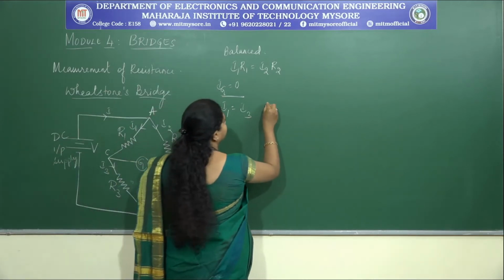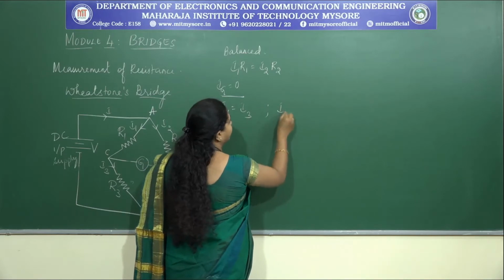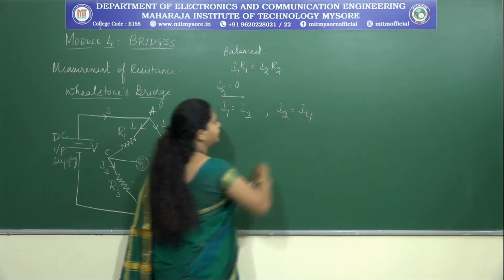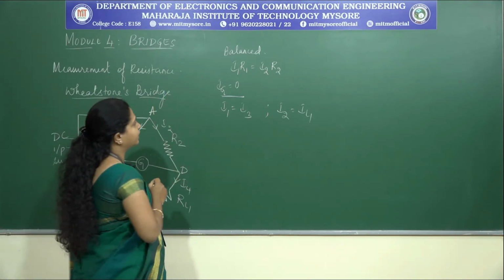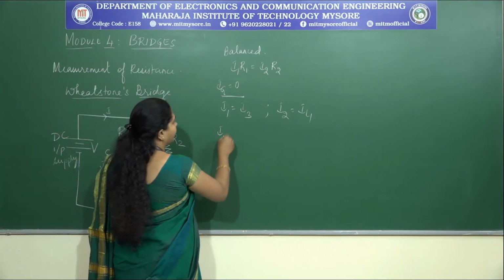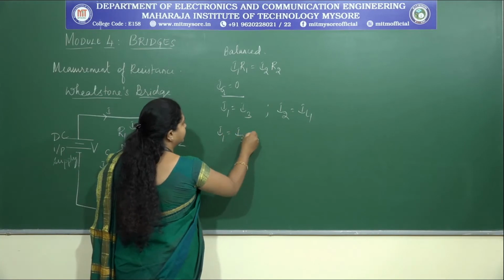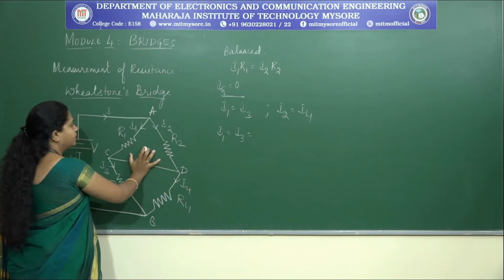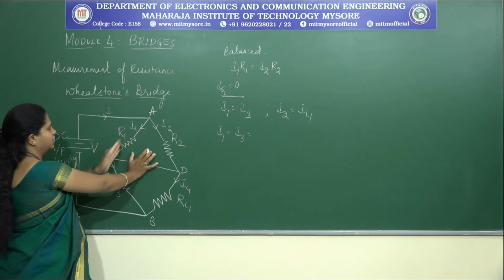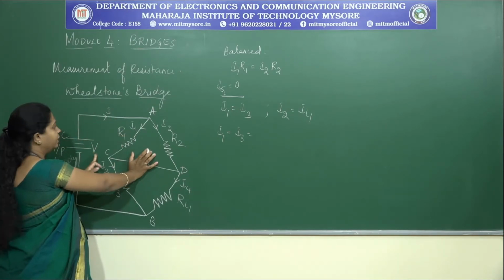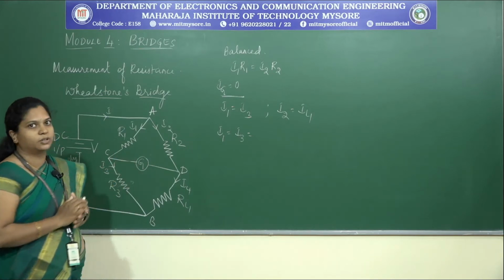Similarly, current I2 must be equal to current I4. Now what is the equation for current I1? I1, which is equal to I3, is equal to, what will be the total voltage? V divided by, see the circuit, R1 plus R3. V by R1 plus R3 will give you the total current flowing.